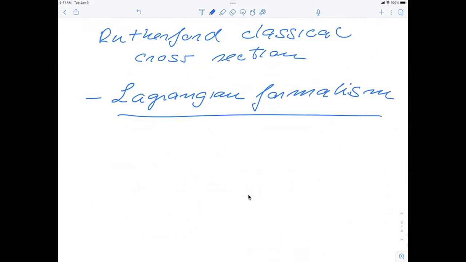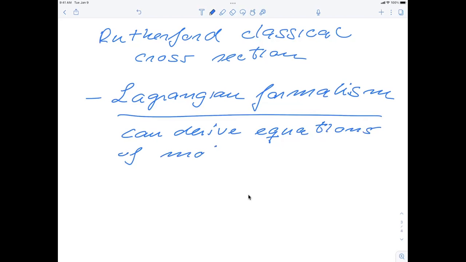So the overarching thing is that we can derive the equations of motion from kinetic energy and the potential energy.